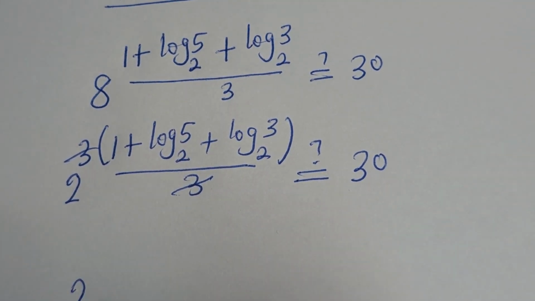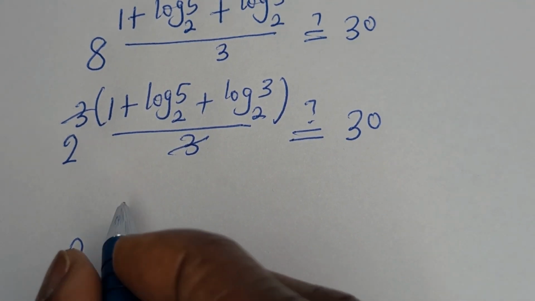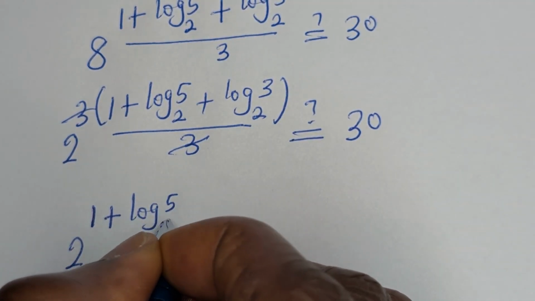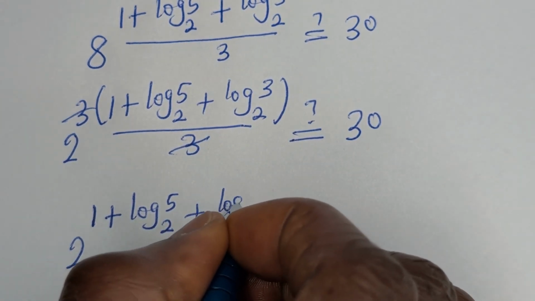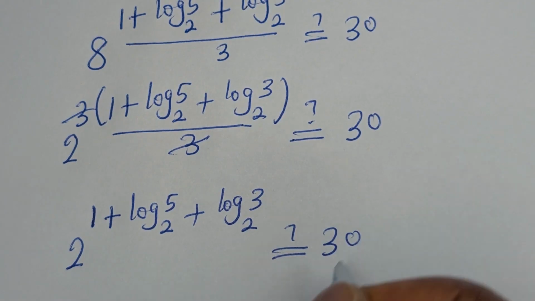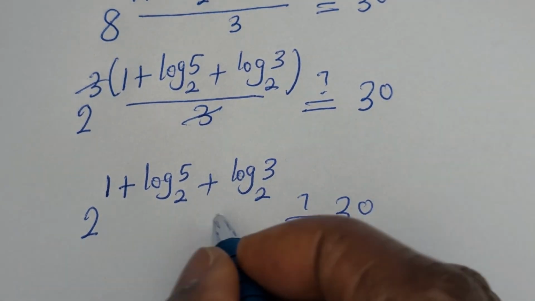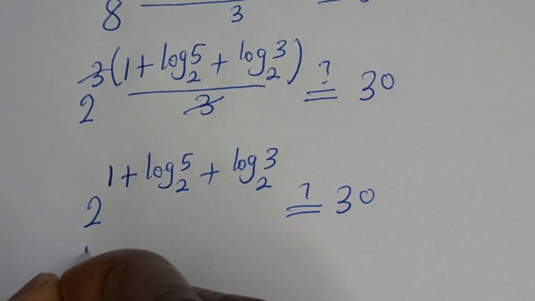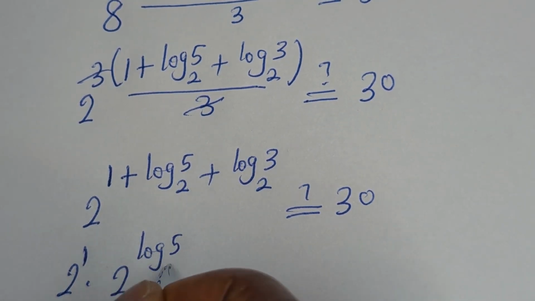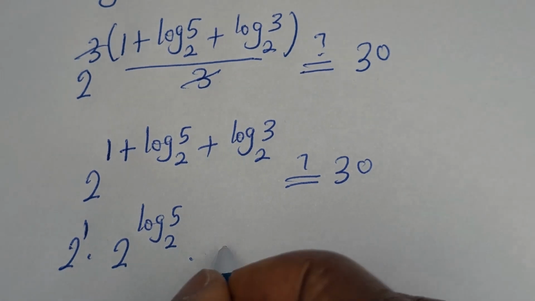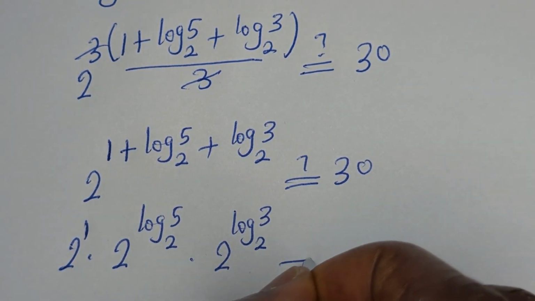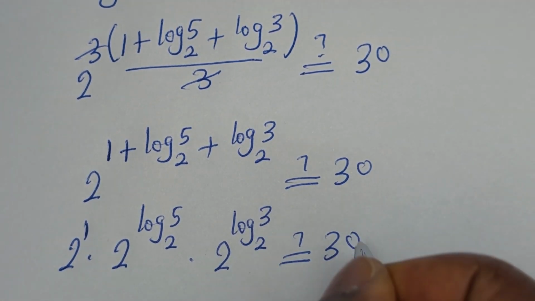Then we have 2 raised to power 1 plus log 5 base 2 plus log 3 base 2 must be equal to 30. Now this can be written as 2 raised to power 1 multiplied by 2 raised to power log 5 base 2 multiplied by 2 raised to power log 3 base 2 must be equal to 30.